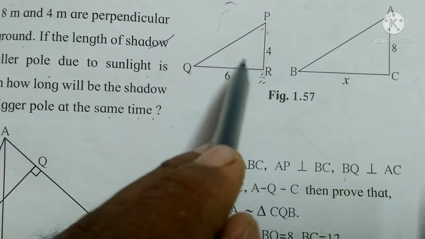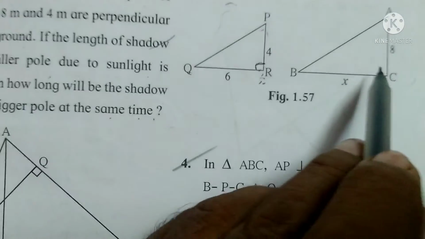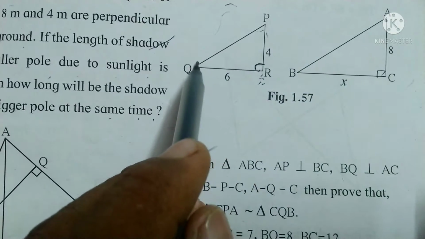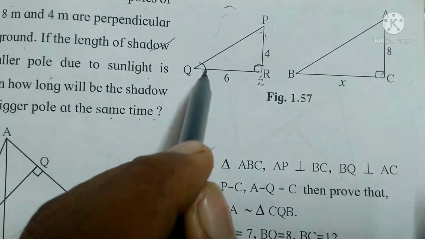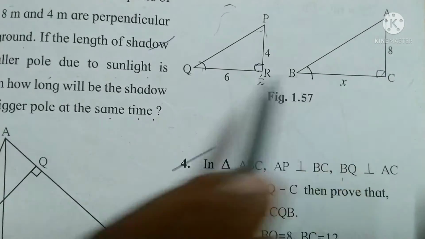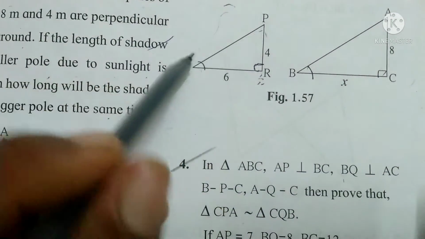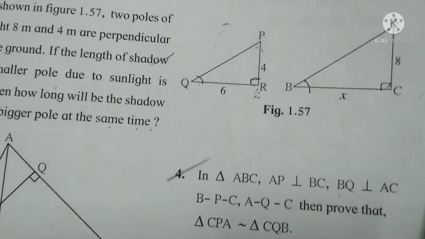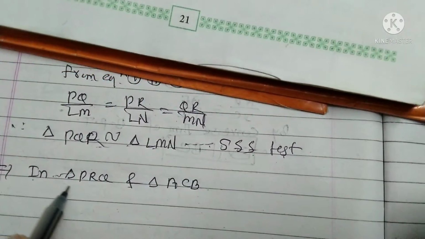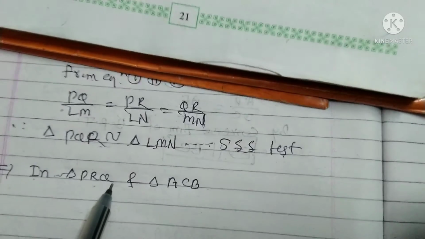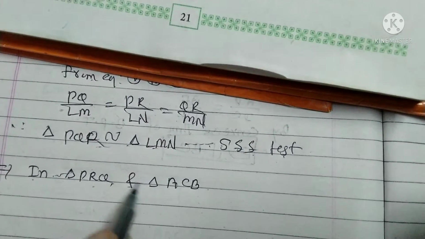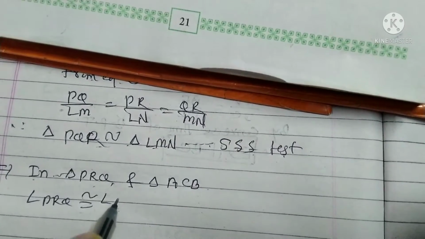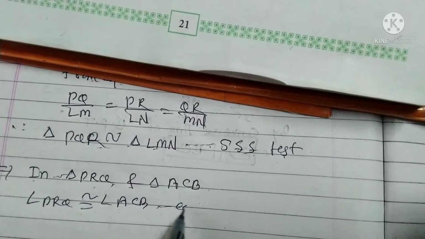So in the two triangles, each angle is 90 degrees, and the sunlight rays make the same angle because rays are parallel and poles are also parallel. This is a transversal, so angles are congruent. So in triangle PRQ and triangle ACB, angle PRQ is congruent to angle ACB, each 90 degrees.